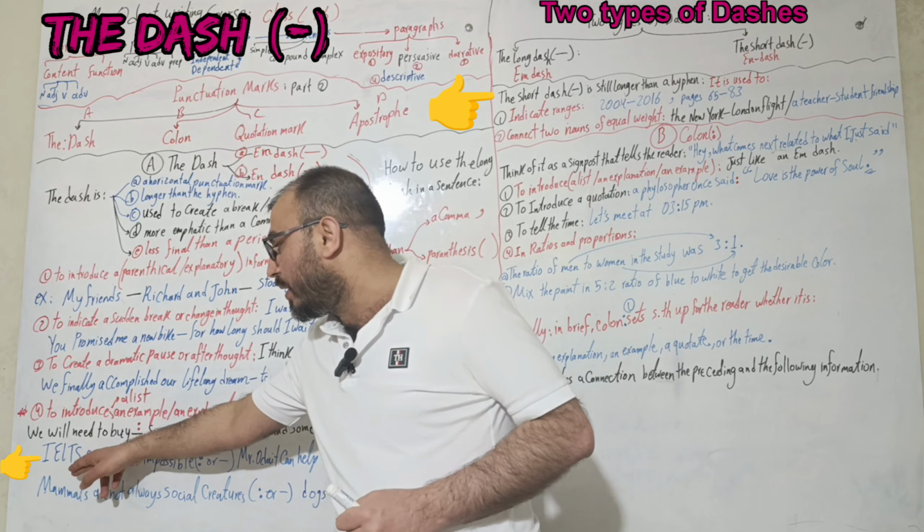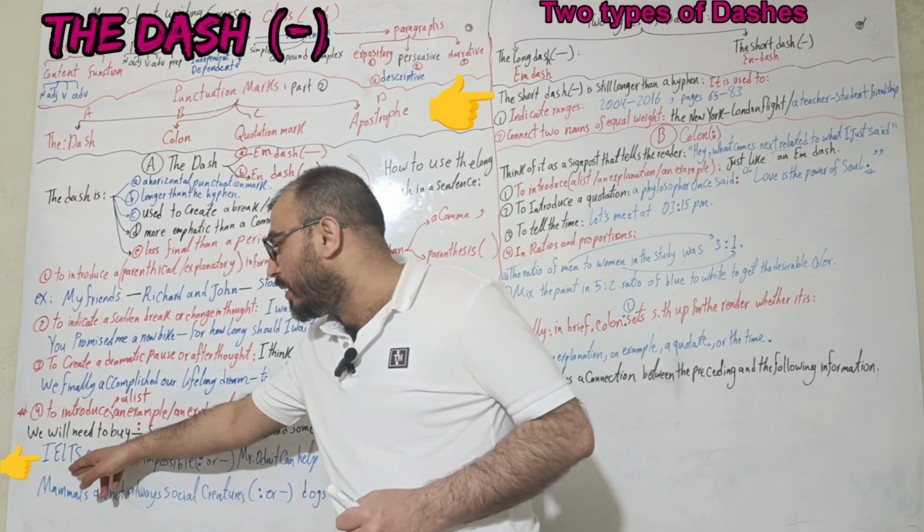And here, my friends, I am explaining why the IELTS exam is not impossible. This is the first independent clause, which represents a general statement, and this one here represents the explanation of the first one, which is the other independent clause.